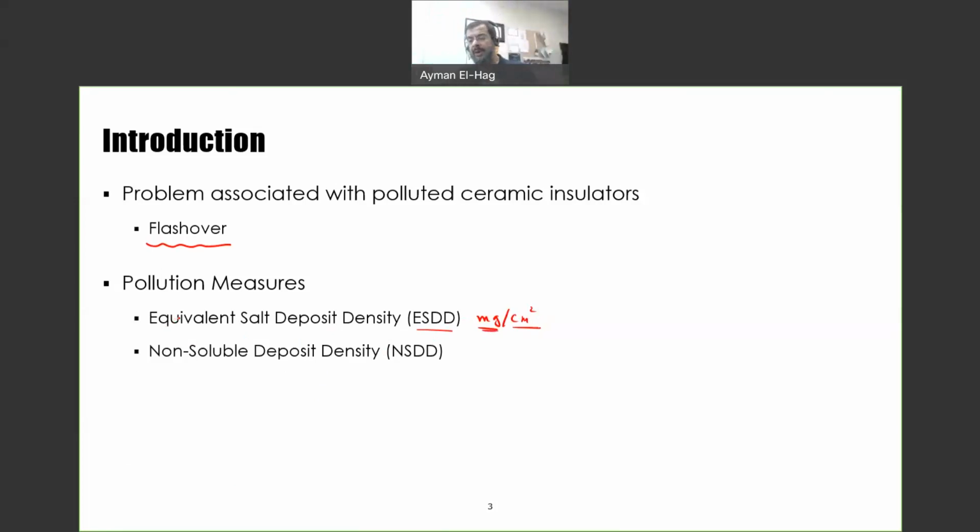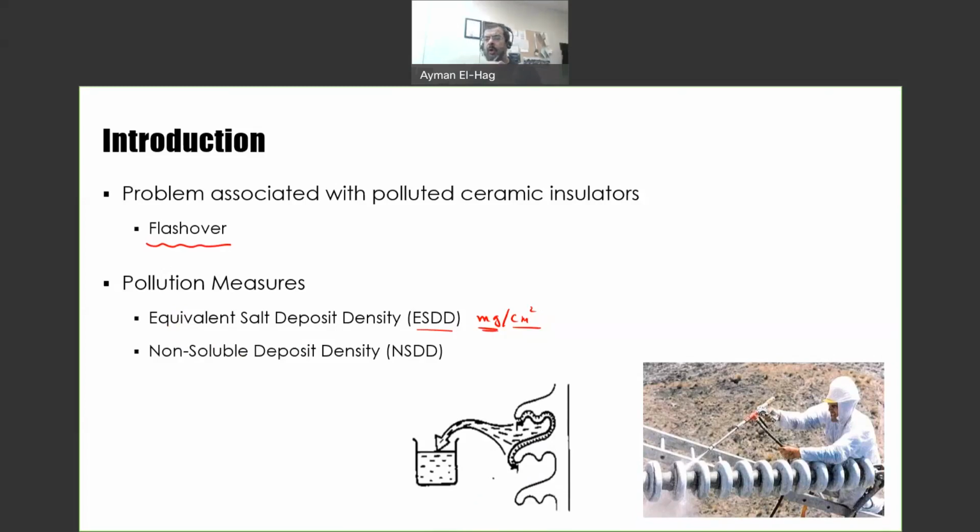But in this problem, we'll try to actually classify the NSDD. And how we measure the NSDD, practically, basically we wash the insulators, okay, and we collect this pollutant, and then using filters, we try to separate this non-soluble material. It's an inert material. It's like the dust, the sand, nothing that is conductive.